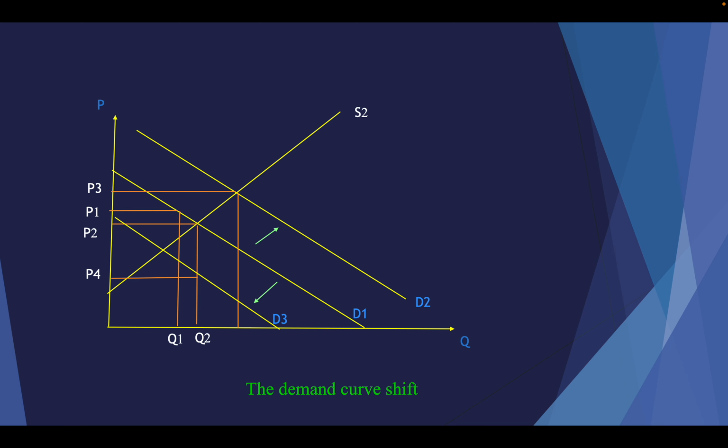If there are some kind of weaknesses, it shifts leftward. Here, when income increases, the demand curve shifts rightward, D1 to D2. When income decreases, the demand curve shifts leftward, D1 to D3. With other factors, not the price, it's not quantity demanded, it's demand, and the demand curve shifts.